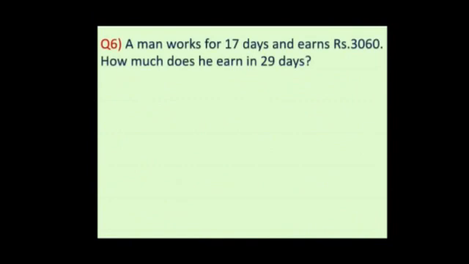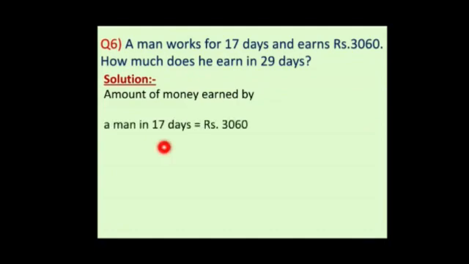Now question number 6. A man works for 17 days and earns rupees 3060. How much does he earn in 29 days? According to the question, the amount of money earned by a man in 17 days is rupees 3060, right?